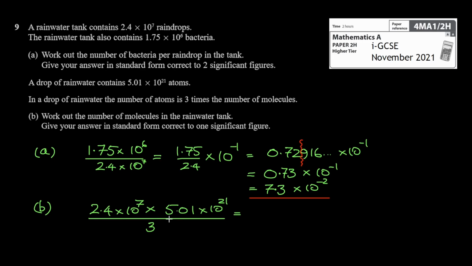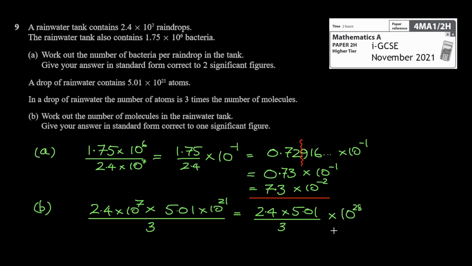So again, don't splodge all that into a calculator. Do it this way. 2.4 multiplied by 5.01 divided by 3. Now gather the tens up. So this is multiplied by, we've got 10 to the 7 and 10 to the 21. So this is multiplied by 10 to the 28.